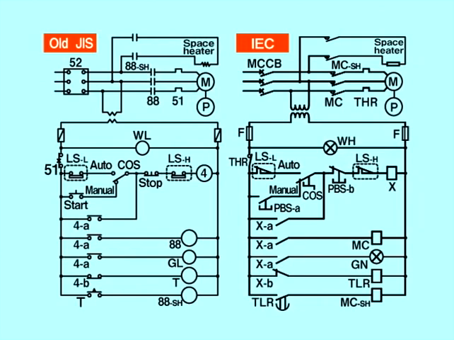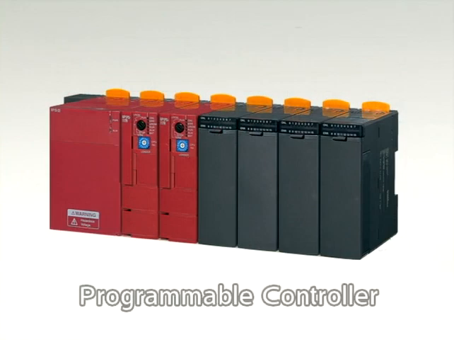In the sequence control circuit, the control circuit is composed of mutually connected devices such as switches, timers, and control relays. Because of this, the circuit wiring becomes complex, making it unsuitable for complex control tasks. On the other hand, when a programmable controller is used, connecting most devices to the programmable controller will suffice, making wiring much simpler.